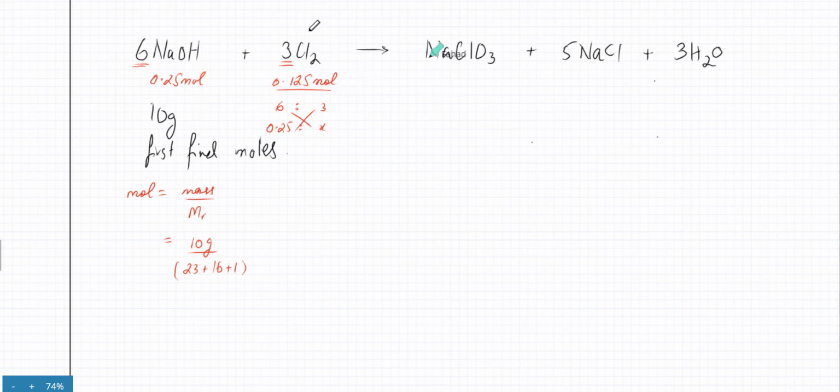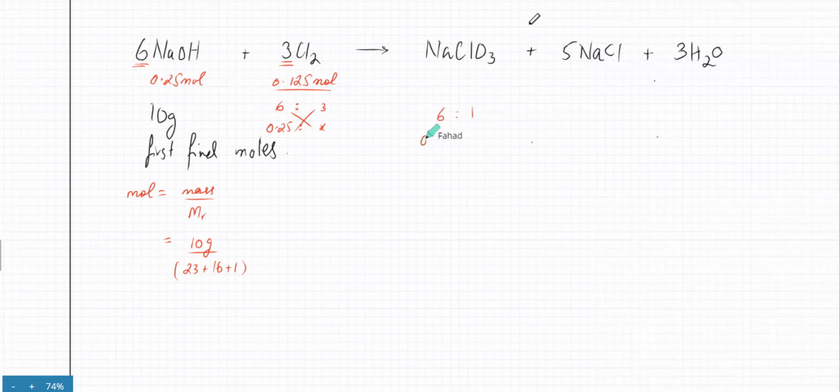NaClO3, you can use any ratios. ठीक है, इसका इसके साथ रेशियो लगा लो, इसका इसके साथ रेशियो लगा लो. It's going to give you the same thing. तो 6 ratio 1 है. तो 0.25 ratio x होगा. ठीक है, so it would be 0.25 into 1 divided by 6. So या तो आप simply you can do the working कि 6 NaOH they react with 1 NaClO3.